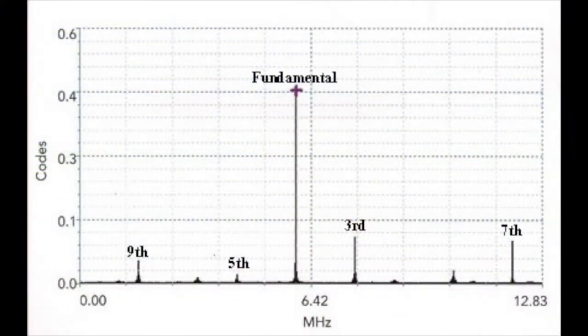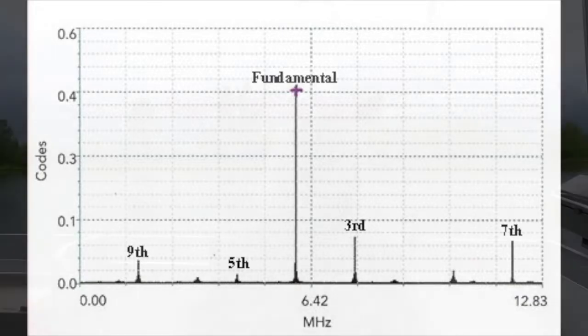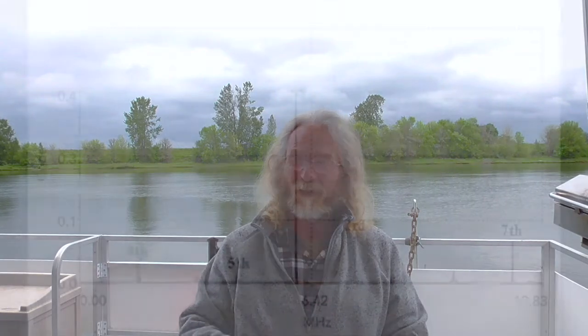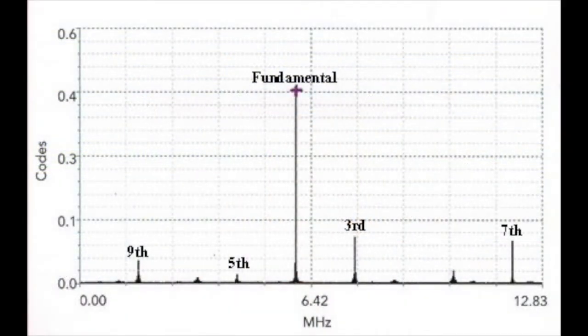You can tell right away it's aliasing because the harmonics are not in ordinal order. What you normally see is fundamental, second harmonic, third harmonic, fourth harmonic, and so on. When they're aliasing, they're not in any order. They're just random. We talked about that in a previous video, so we won't go there again.